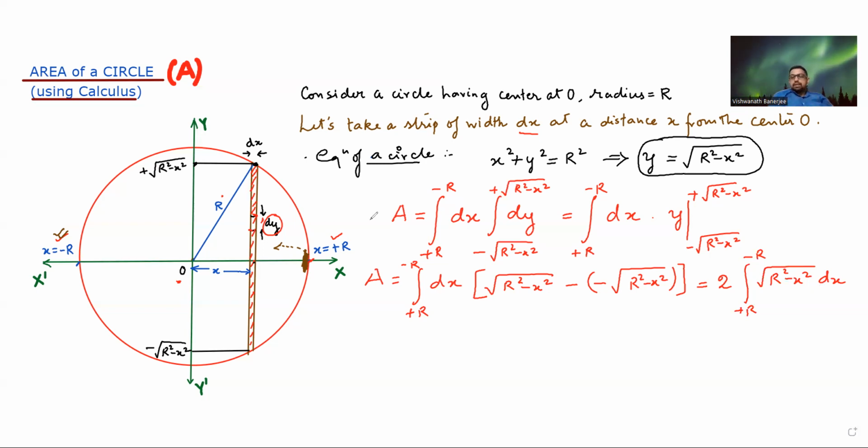minus r. Now the standard formula for this, which we are going to use, so here we are going to take help of, already we have started with calculus. So now we are going to take help of the standard formula of under root of r square minus x square dx, where r is a constant. r is a constant here, right?